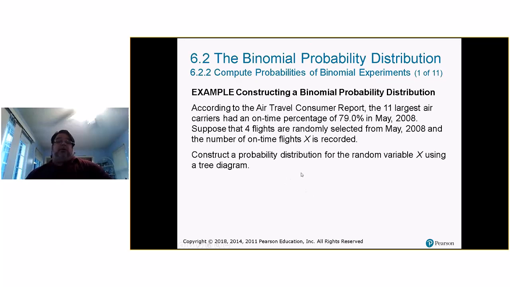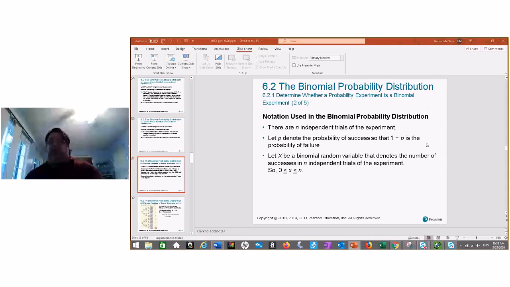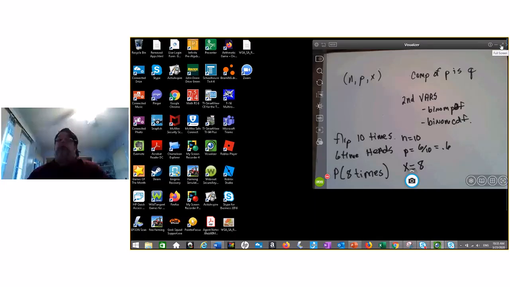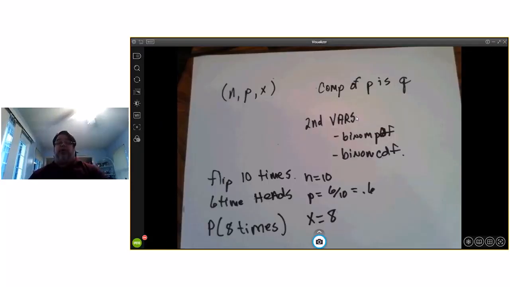I'm going to construct a probability distribution by hand, and I'm going to do it with the whiteboard, with the document cam. So I'm going to get out of this and pull up the document cam. Hopefully, can you see that, Miss Phillips? The document cam?